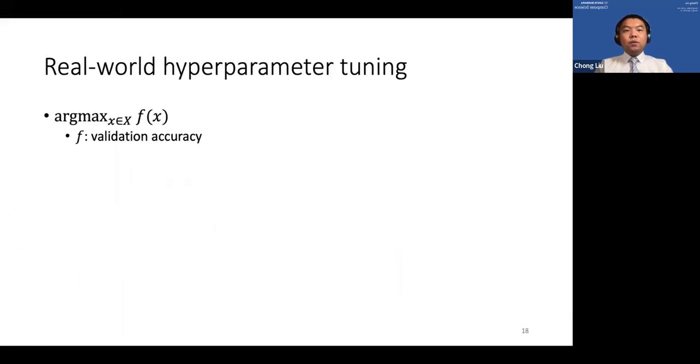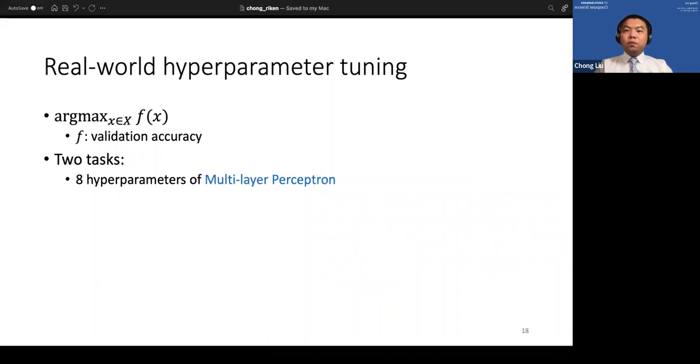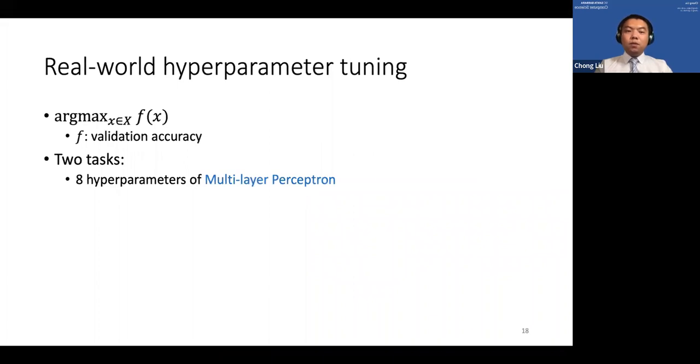And also, I have the real-world hyperparameter tuning experiments. Here, the problem is that I'd like to find the best set of the hyperparameters that is able to maximize the validation accuracy. And I have 2 tasks. First, I'd like to play with the multi-layer perceptron for some classification task, which includes 8 hyperparameters.